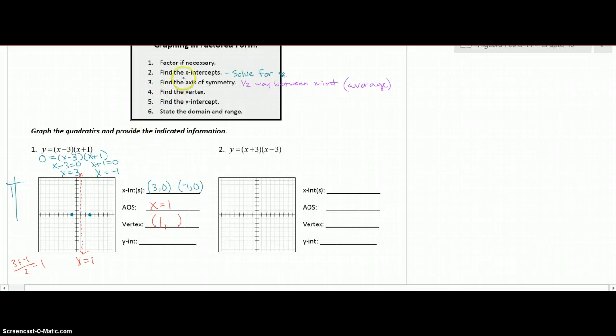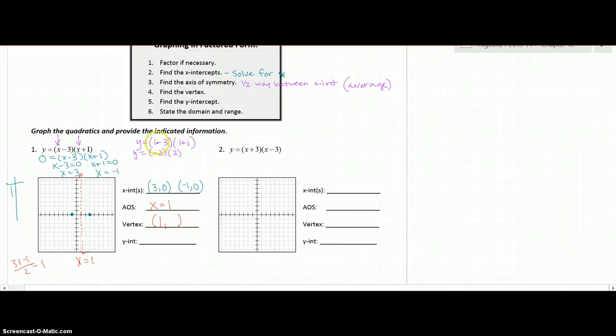We get y equals (1 minus 3) times (1 plus 1). So I plugged it in for both x values. So we get y equals 1 minus 3 is negative 2, and 1 plus 1 is positive 2.